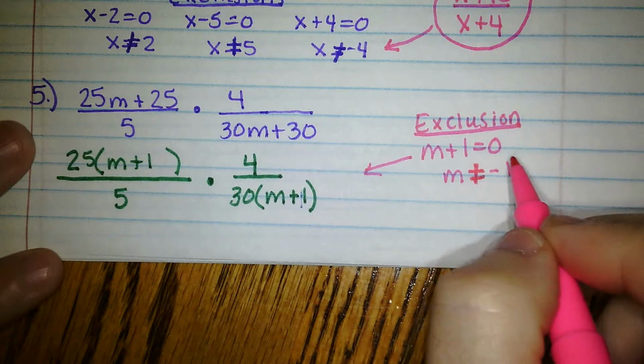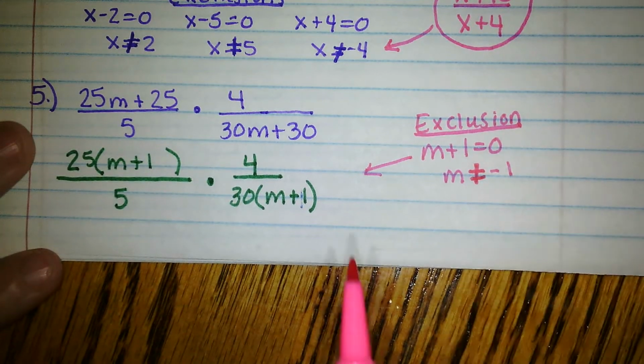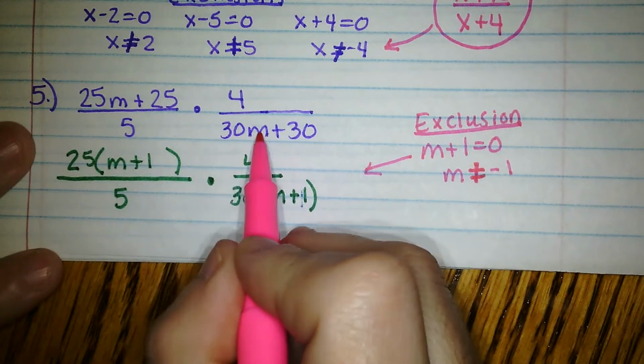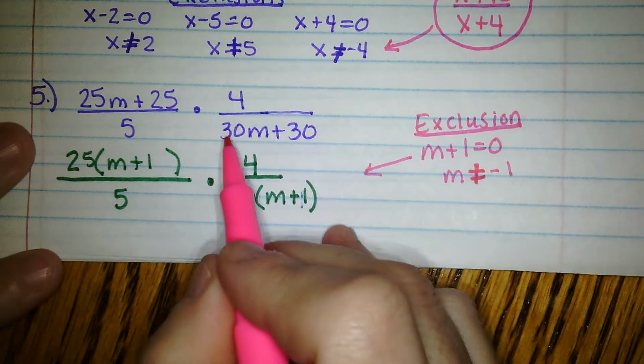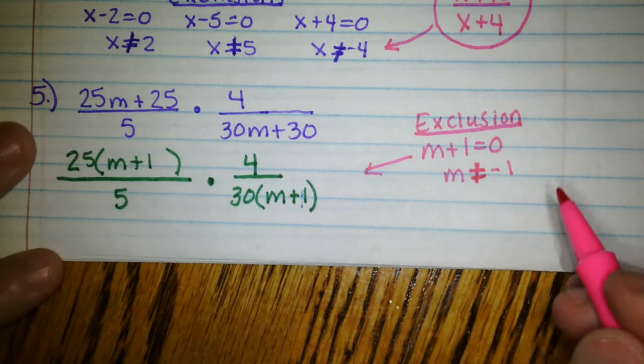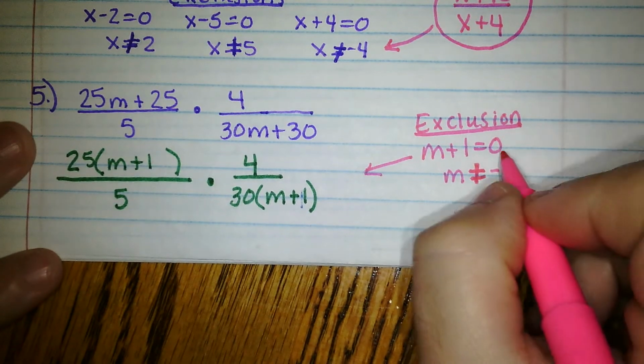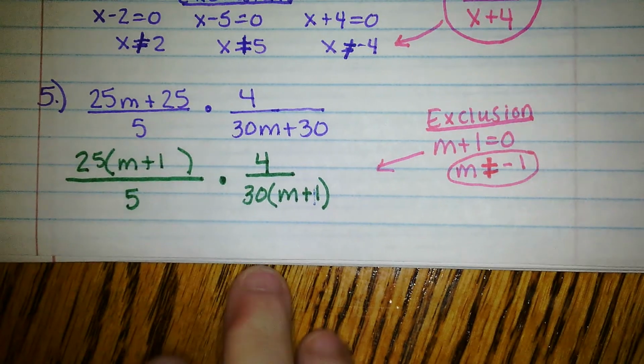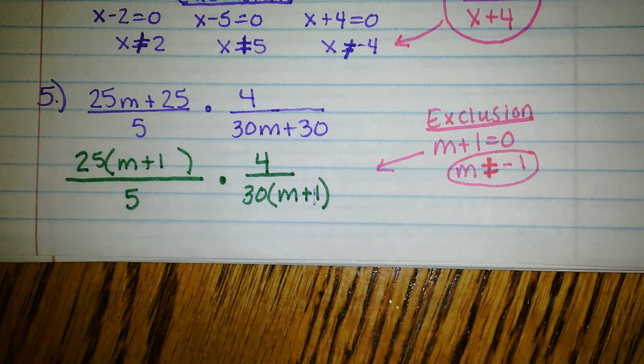And you can double check to make sure that this makes sense because 30 times negative 1 is negative 30. And negative 30 plus 30 is 0, and that makes this undefined and the whole thing garbage. So this is called an exclusion because we have to say that m can't be negative 1 when we're working with it. Now that we found our exclusions, we're able to go ahead and reduce properly.